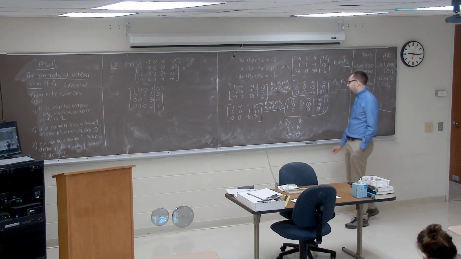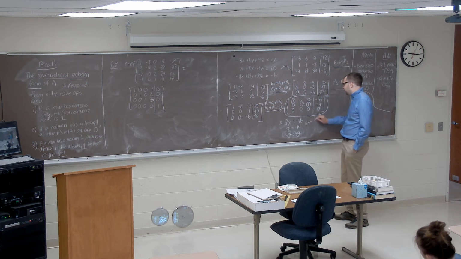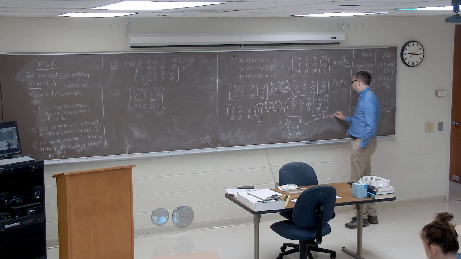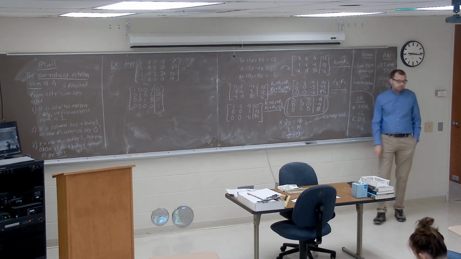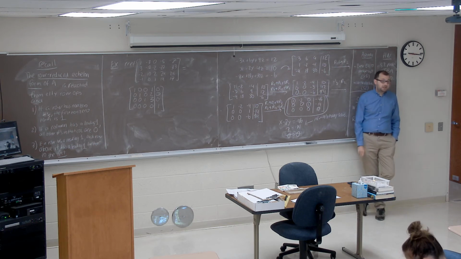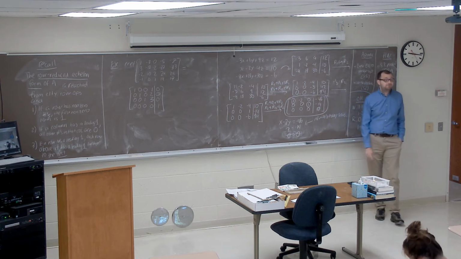And I think we're going to have infinitely many solutions to this, because while z has to be equal to negative 14, there are infinitely many pairs of x and y that can work along with z equals negative 14 that will satisfy that top equation.